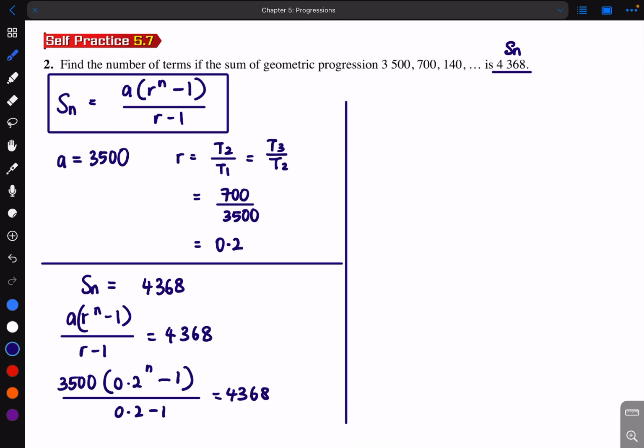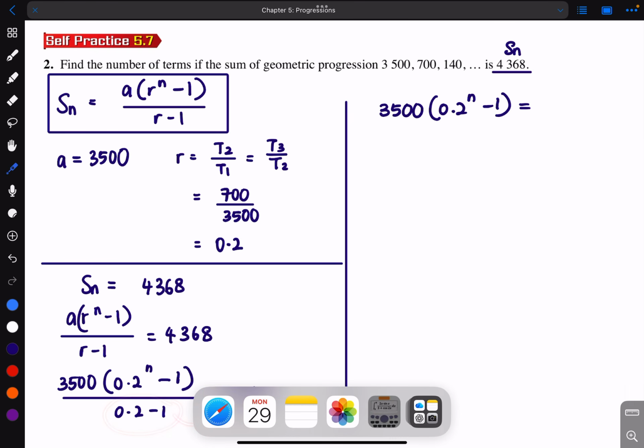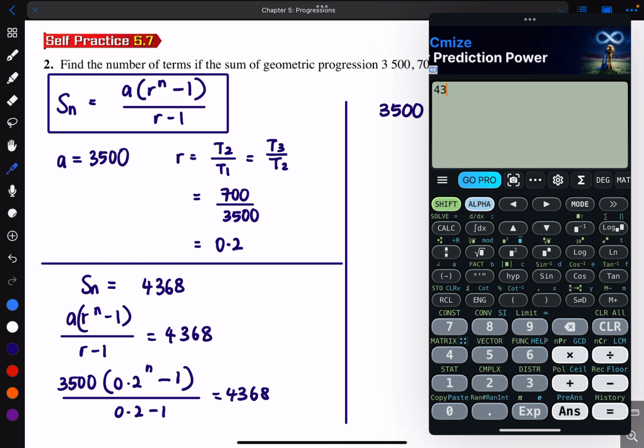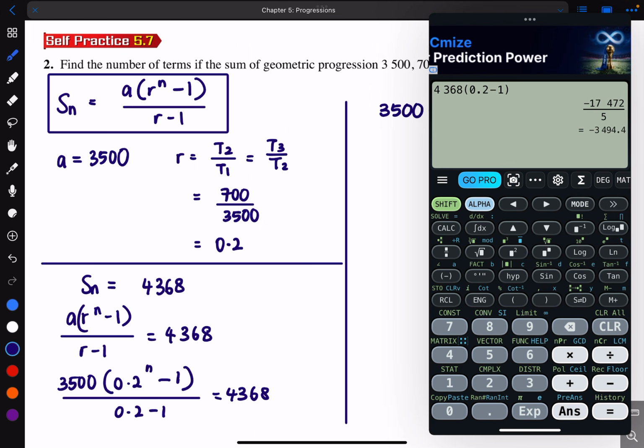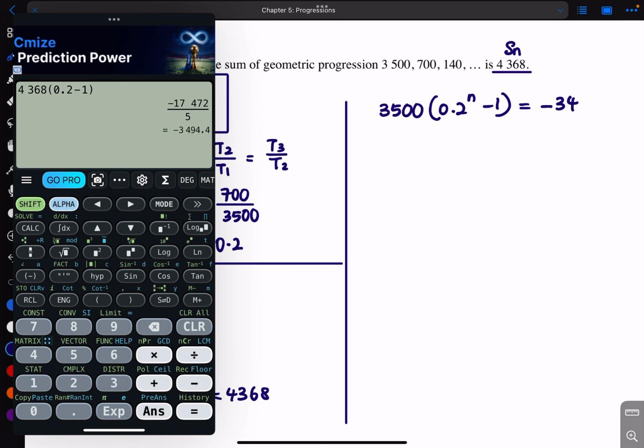So this one we can settle, 0.2 minus 1. So we have 3500 times 0.2 power n minus 1 equals, so this one we times here, we will get 4368 times 0.2 minus 1, negative 3494.4.